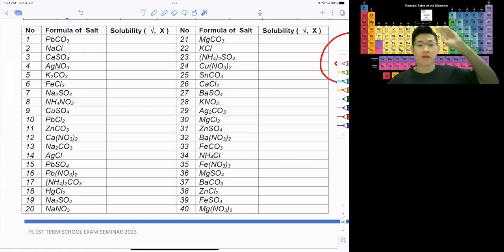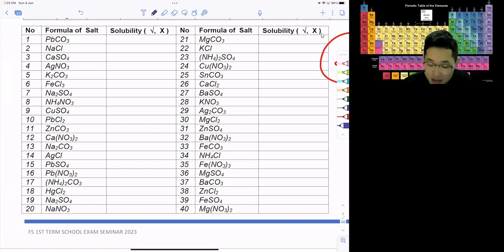Okay, time's up. Finish? Yeah, okay. Ian, have you finished the questions already? Yes, okay, good. Okay, I will just put a cross for the insoluble salts, okay? So the first one is insoluble.